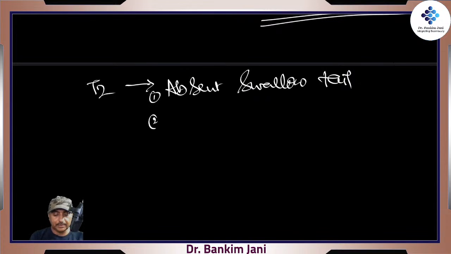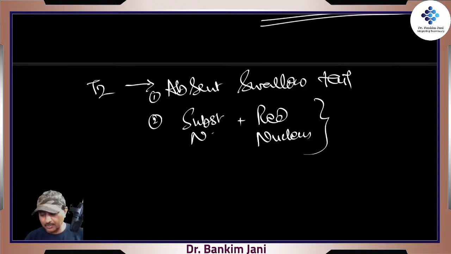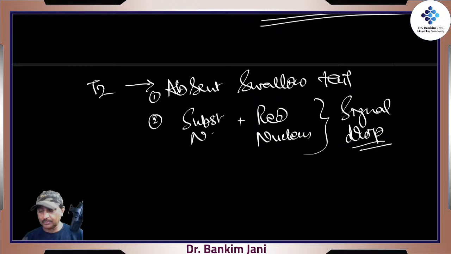One. And the second is, see the substantia nigra and the red nucleus. Both of them are affected. So in substantia nigra and red nucleus you'll find a signal drop.